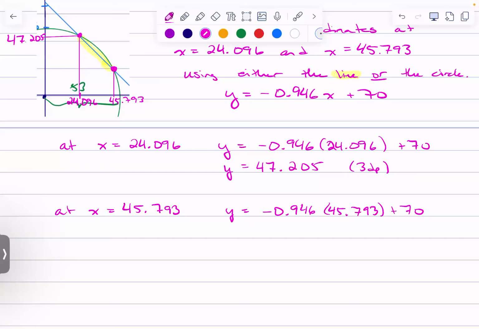I get a y, and it makes sense that this y is less than the other y, right? 26.68 once I round properly to 3 decimal places. Which means that this little guy is at 26.680.